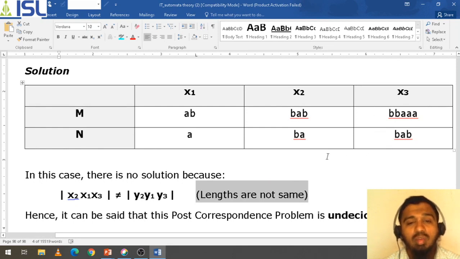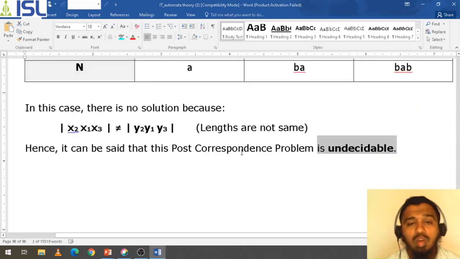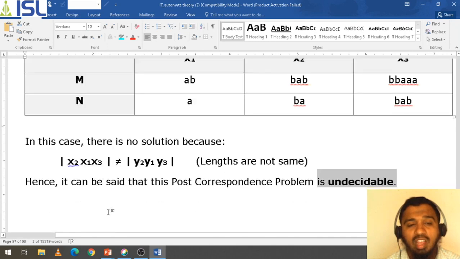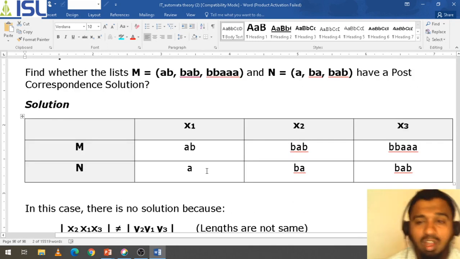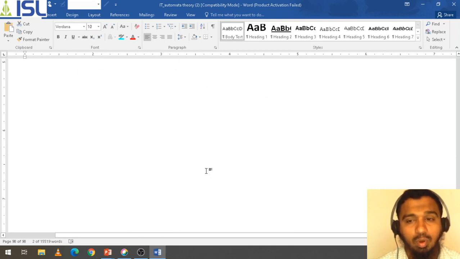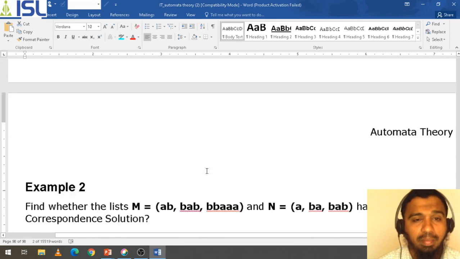When it is not equal, it can be said that this Post Correspondence problem is undecidable. Without doing any operation like this, we can directly say this is undecidable. Okay, so this is about the example.